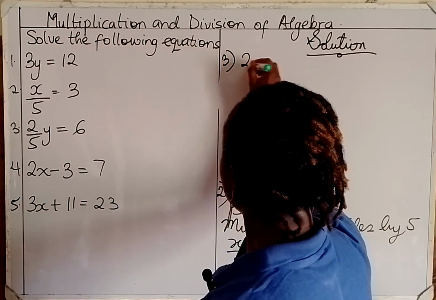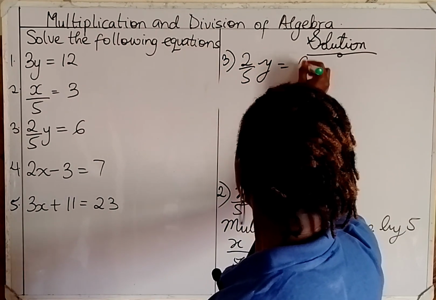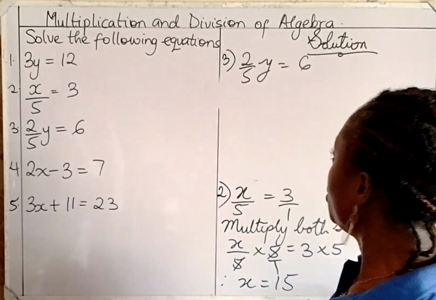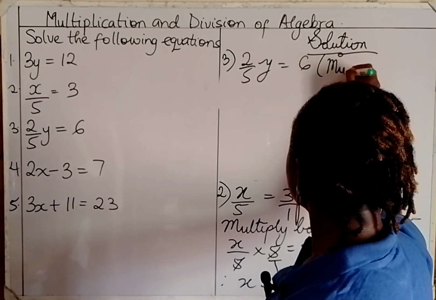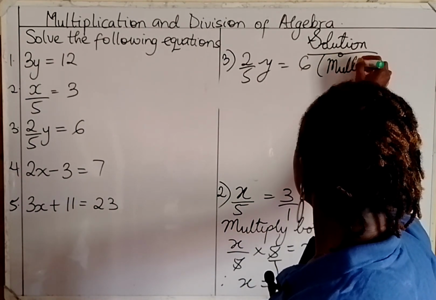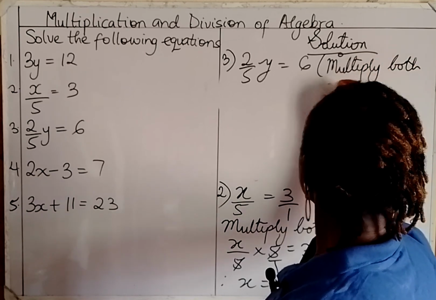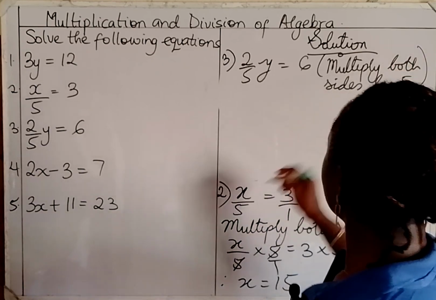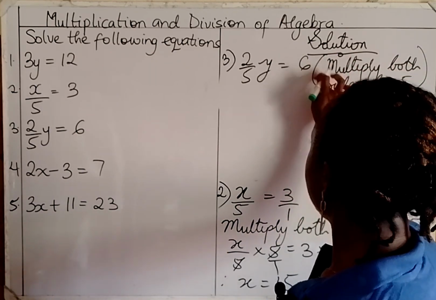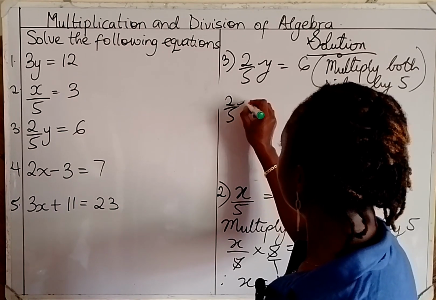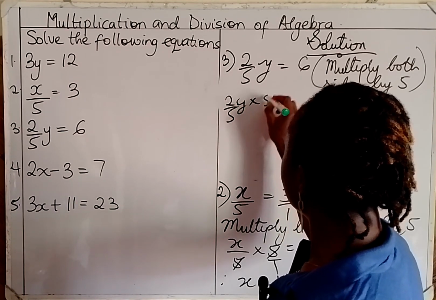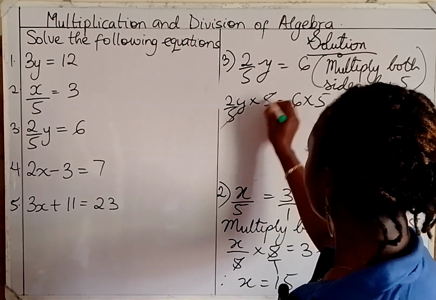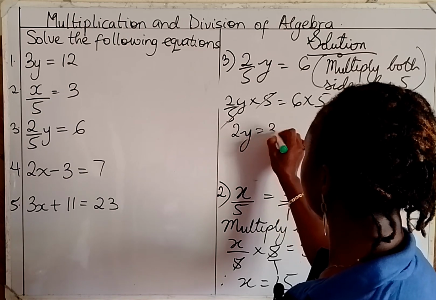Question 3 says 2 over 5y equals 6. The same thing we did here is what we're going to do here. We're going to multiply both sides by 5. So we have 2 over 5y times 5 equals 6 times 5. 5 cross out 5, I'm left with 2y equals 30.